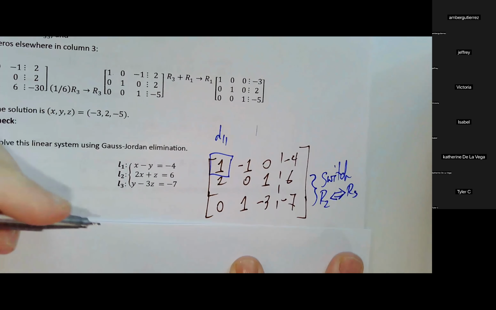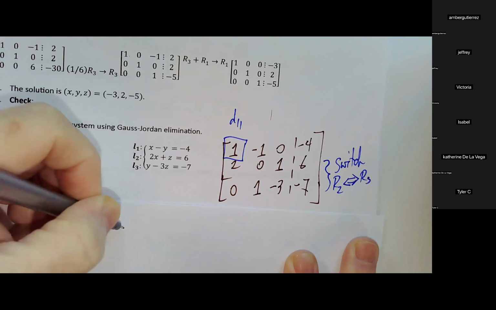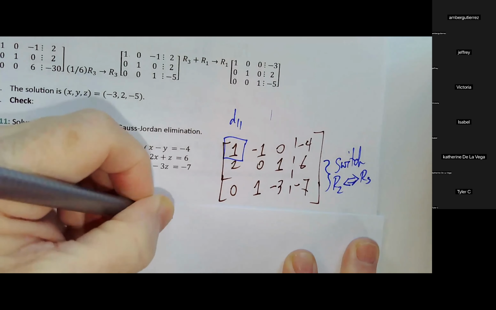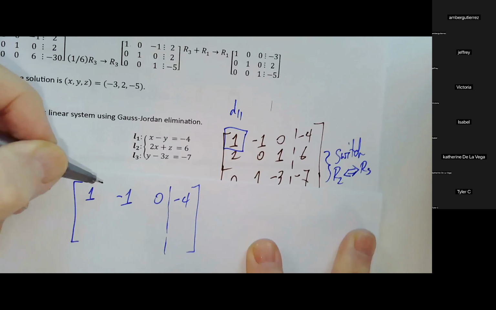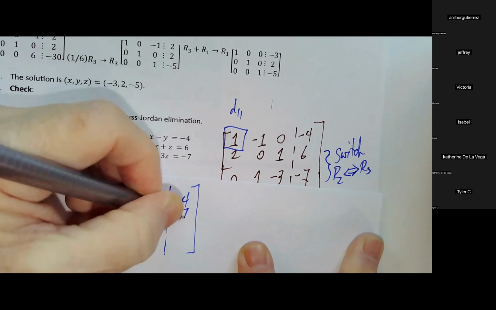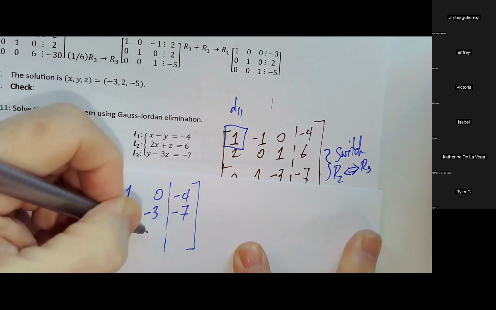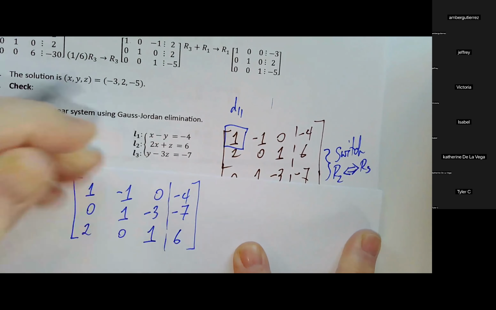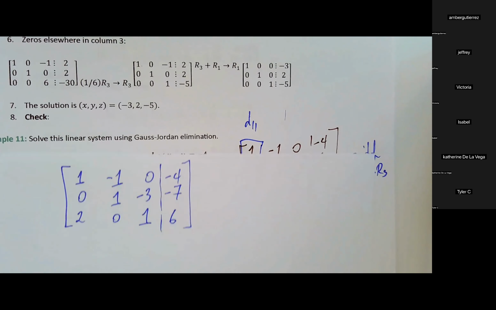And that'll give us 1, -1, 0, -4, 0, 1, -3, -7, and 2, 0, 1, 6. So what do we need to do now?